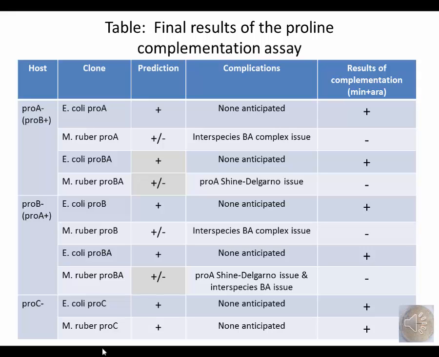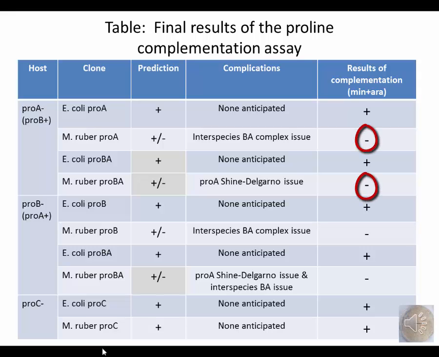Then as we look at the other results, we can see that all the positive experiments worked. So the E. coli clone was always able to complement the corresponding E. coli null strain. So that means that in our experiment, the media was made well, and we had in fact cloned the correct E. coli genes.